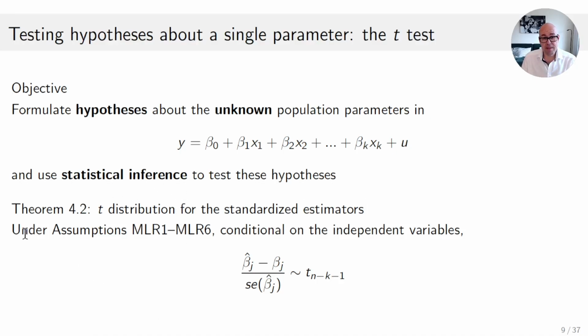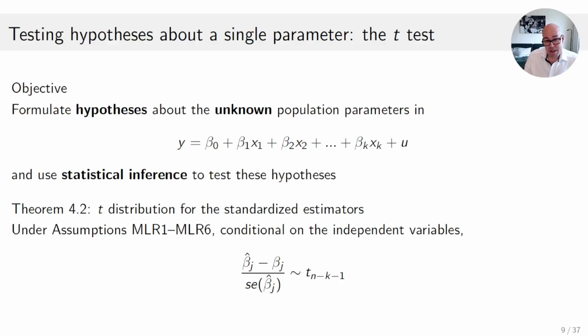The formal statement is that under these 6 assumptions and conditional on the independent variables, the x's, as stated in theorem 4.1, beta j hat minus beta j divided by the standard error of beta j hat will have a t-distribution. The t-distribution is indexed by the degrees of freedom that we have to take into account. We'll get to that in a minute.